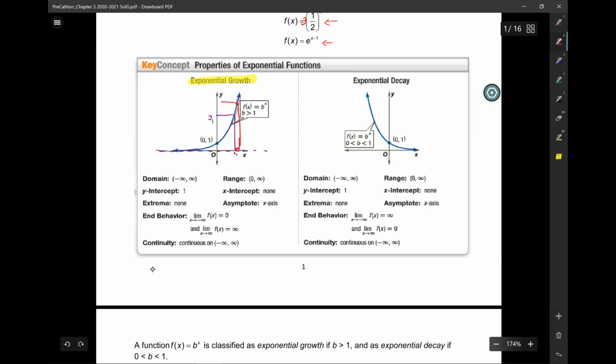Look at that value of y2. Look at how much more the y values increased compared to how little the x value increased. So that's the biggest characteristic of exponential functions: there is a very large growth in the y value for a very small increase in the x value.